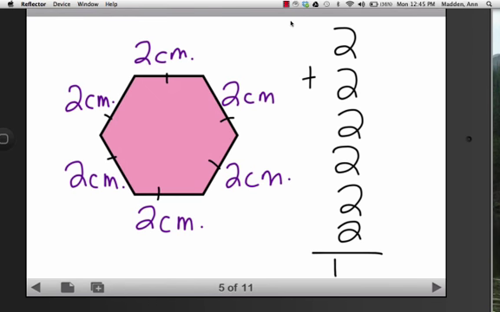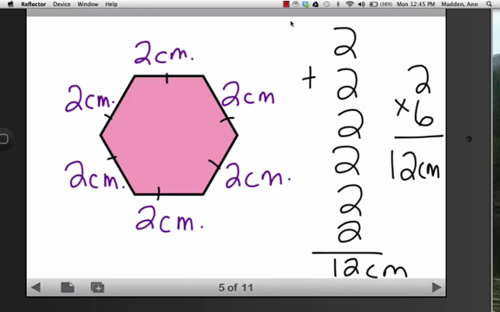If you came up with 12 centimeters, you were correct. What is one other way that you could have done the perimeter of this hexagon? Because they're all the same length, I could have taken 2 times my 6 sides, which would have given me 12 centimeters.